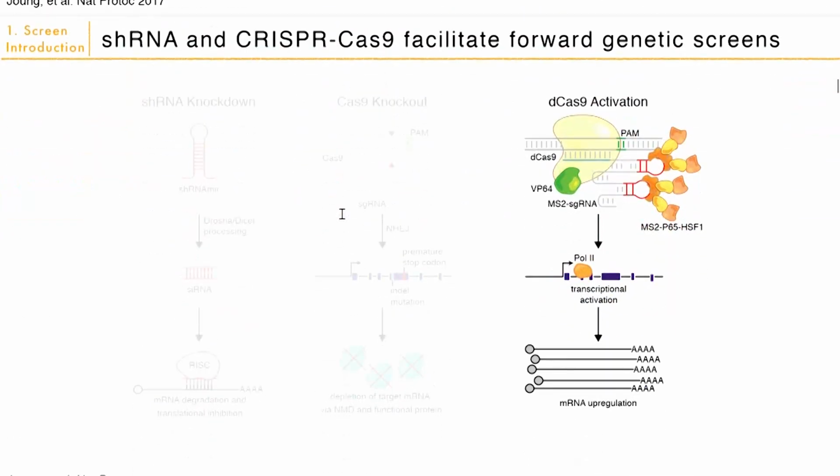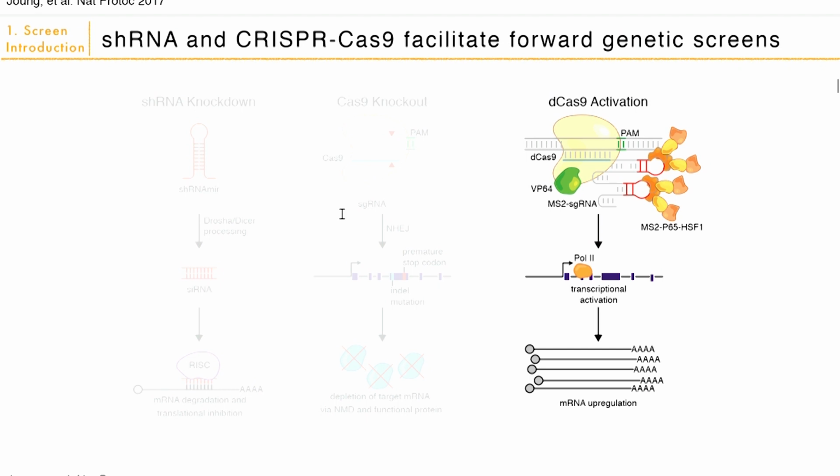With Cas9 activation, so dead Cas9 is basically a catalytically inactive Cas9. What it does is it becomes a programmable DNA binder. Today here I will cover dead Cas9 activation, but of course all of the principles that apply to dead Cas9 activation also applies to repression and other epigenetic modifiers for screening. In our lab, the dead Cas9 activator that we worked on is called SAM dead Cas9 activator.